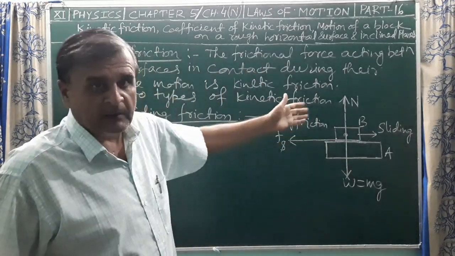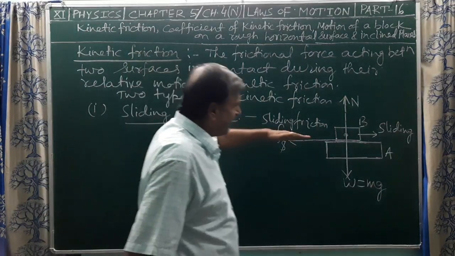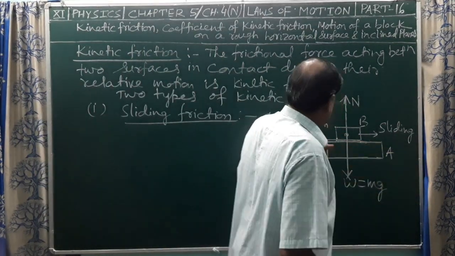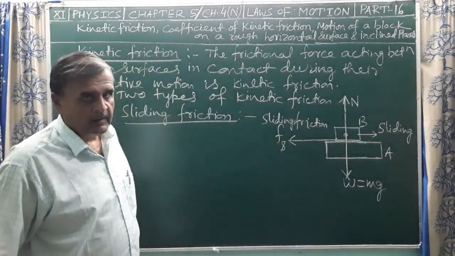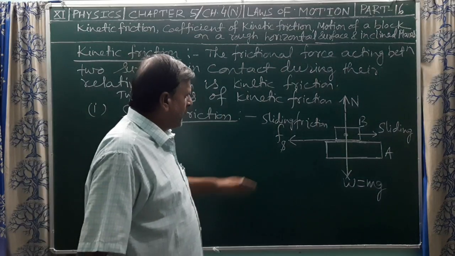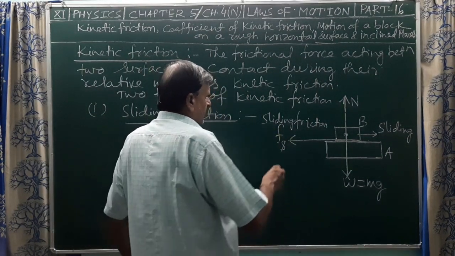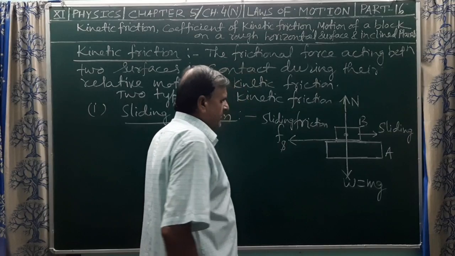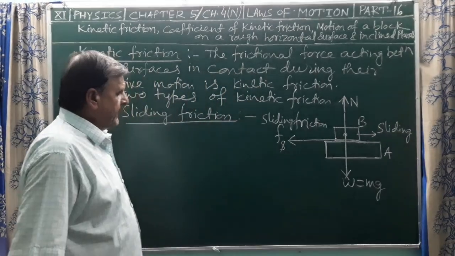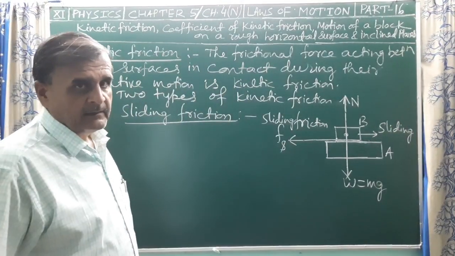The block is in vertical equilibrium, but the block B is sliding over the surface of block A. So an opposing force is produced between two contact surfaces, and it is sliding friction.